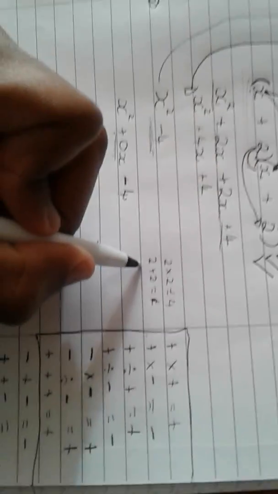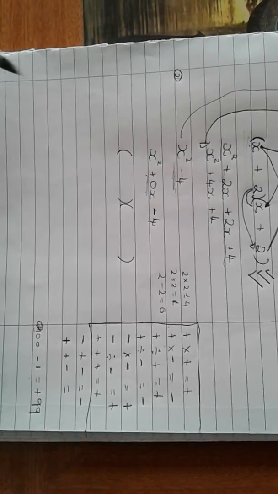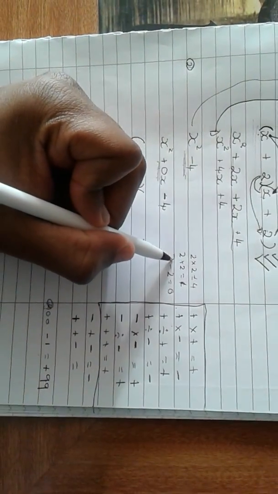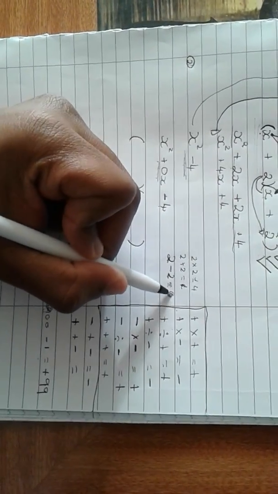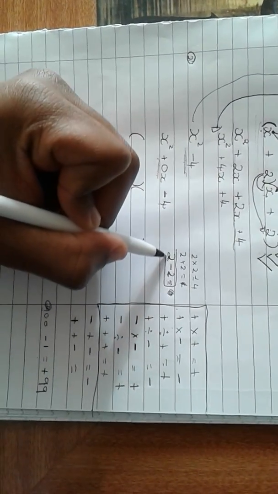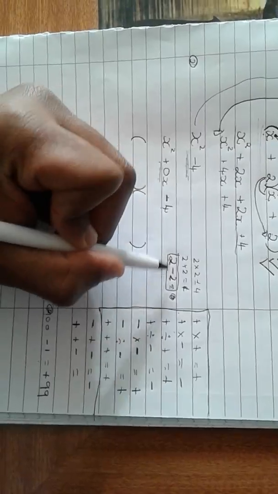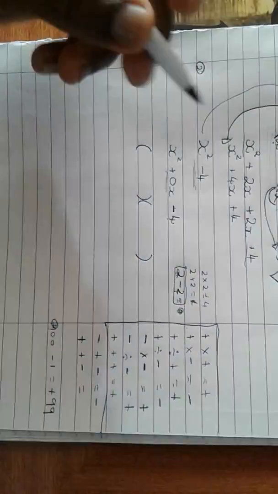And then when you look at 2 minus 2, you get a 0. So it means we are going to use these two, positive 2 and a negative 2. This is how you do it.